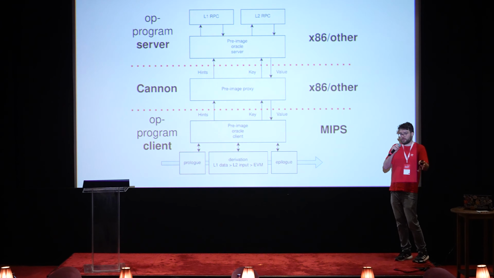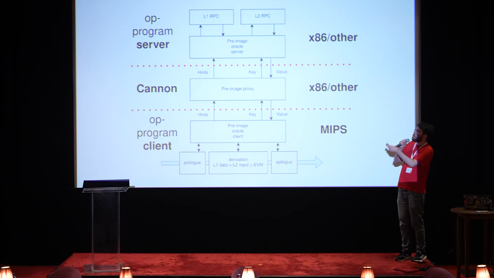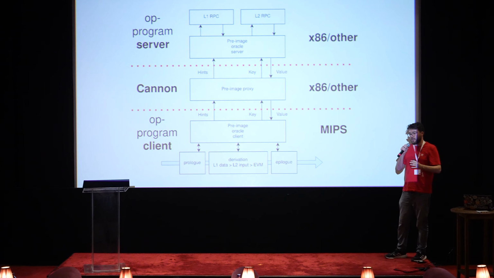Now go prepare that for me, because I'm going to ask for the data next. And then the server can go on its way, stall the emulator, pause it, fetch the data, if it's not already there in the cache. And then once the data is there, the requests from the client, from the OP program, can be served immediately. The program is none the wiser that there was an RPC request in the background.